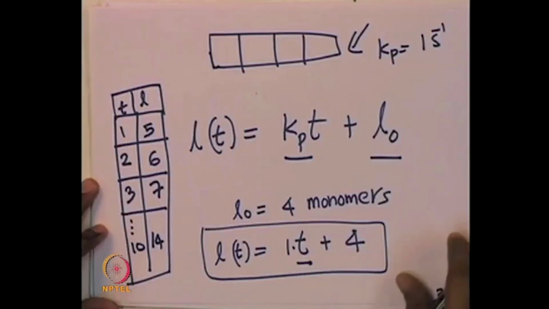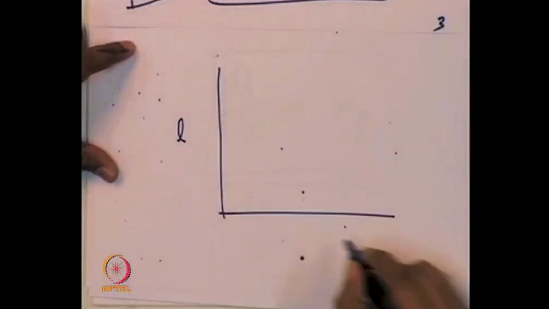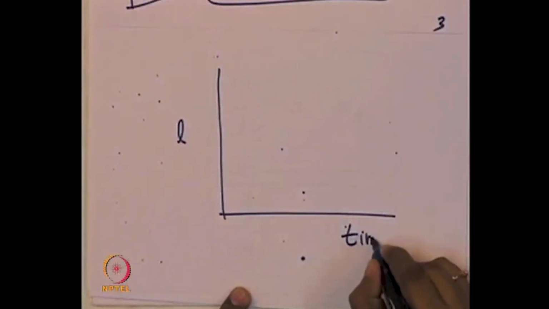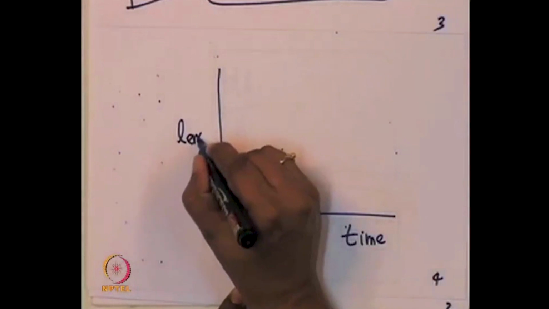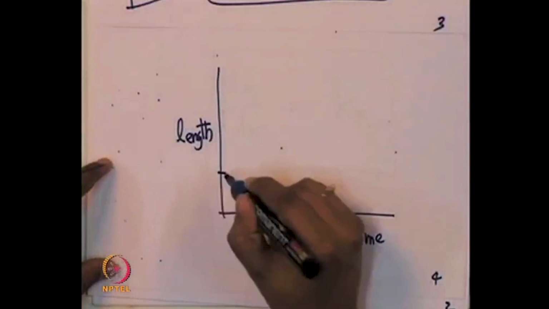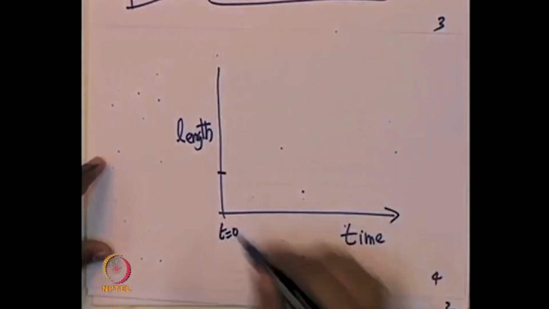What does that mean? That means that we can plot this as a function of time. So, let us plot length as a function of time. This is the length of the polymer as a function of time, and at t equal to 0 we had 4 monomers.